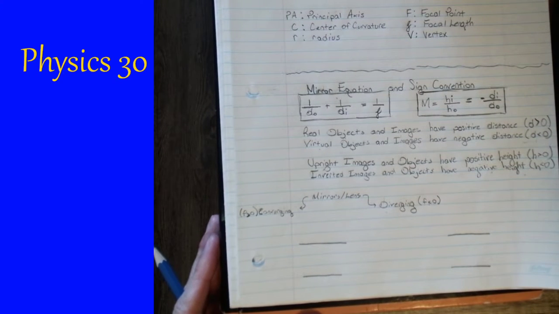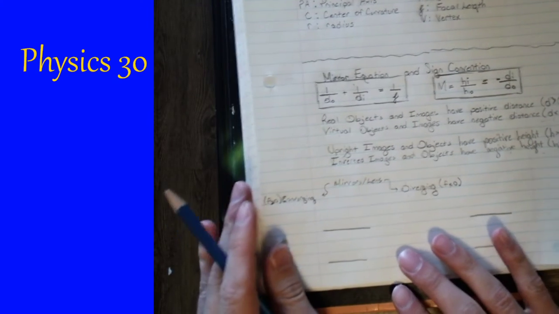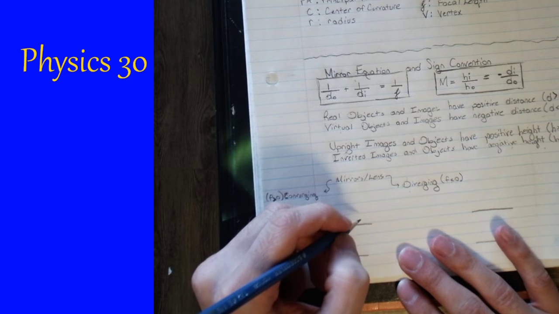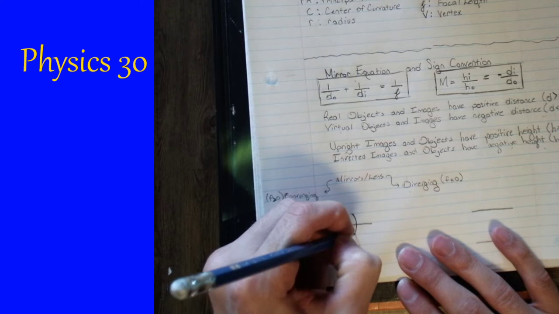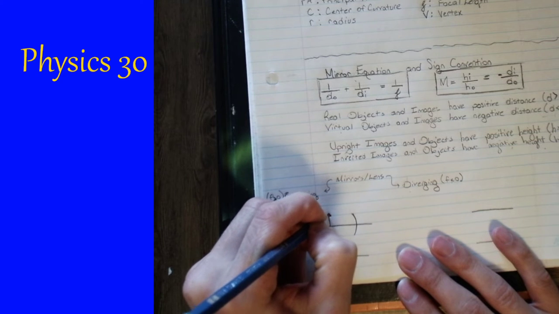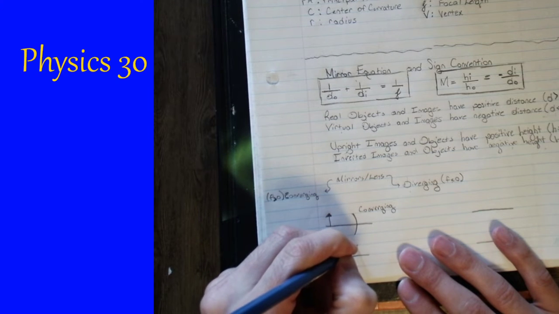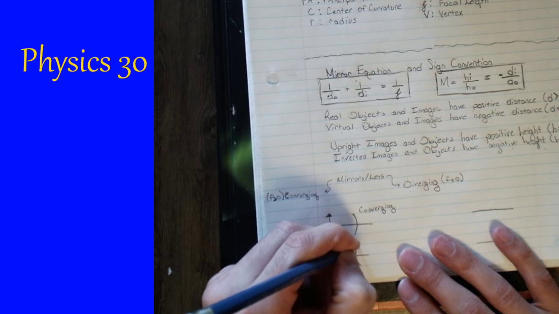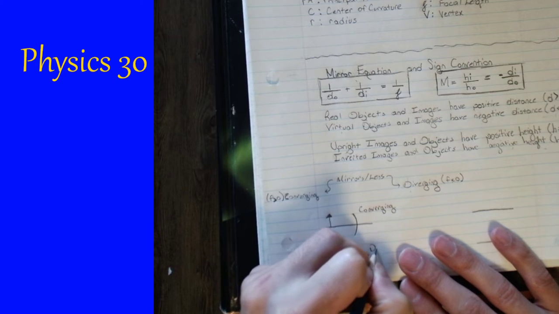Okay, so let's actually talk a little bit about what a converging and diverging mirror or lens are. So we'll start with mirrors over here. If our mirror is curved as such and our object appears here, this is a converging mirror. If our mirror is curved like so, and our object appears here, this would be known as a diverging mirror.